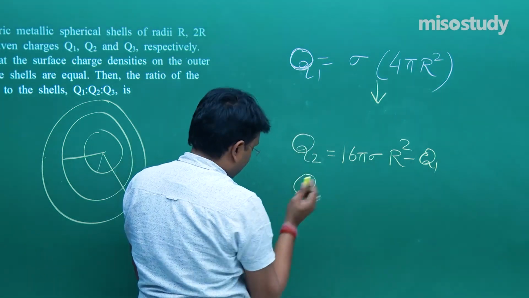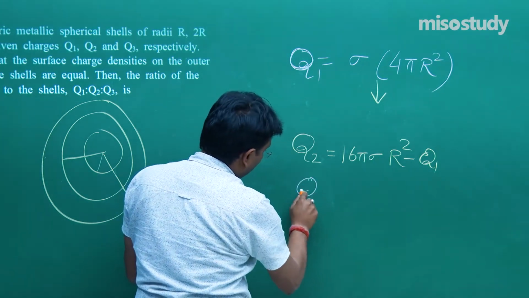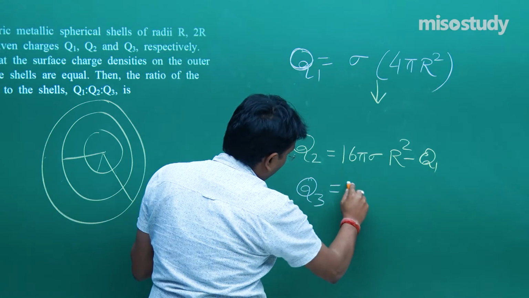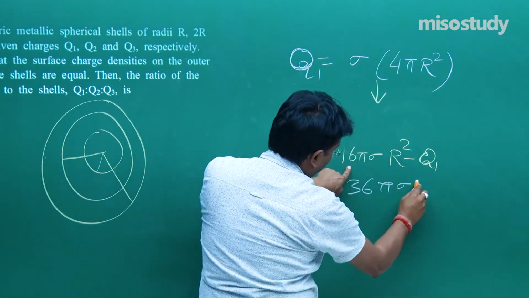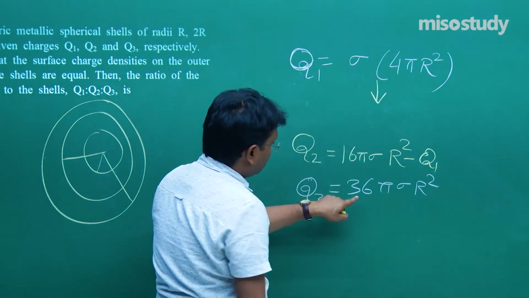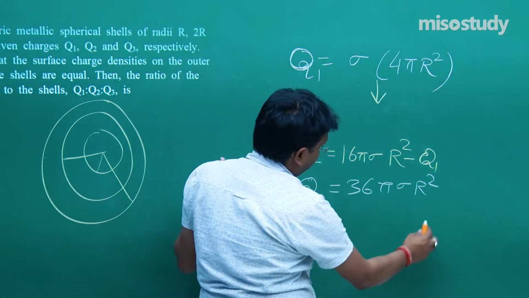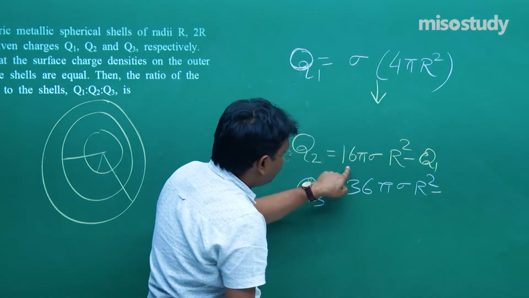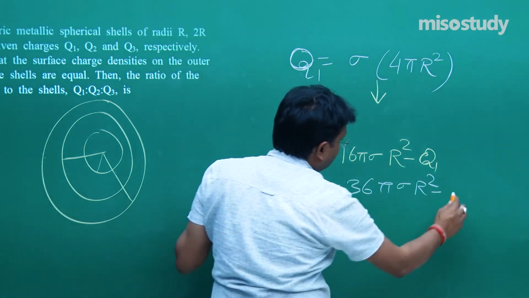Similarly, I can write down Q3 is equal to 36 pi, fine, into sigma into r square, in terms of over here 36 pi sigma r square minus this 16 pi sigma r square, fine.